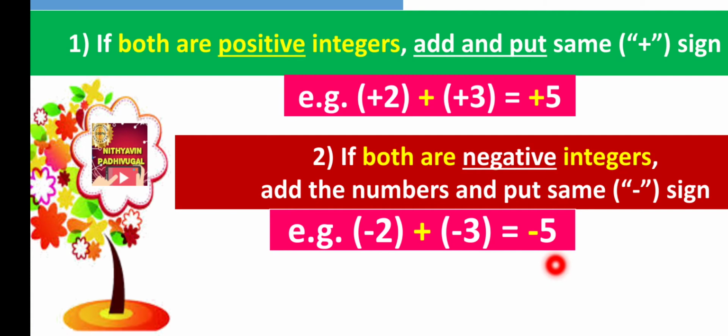So, how many steps totally have you moved backwards? Which is nothing but 2 steps and 3 steps, which means 5 steps totally you have moved backwards. So, the backwards is replaced by the sign minus.